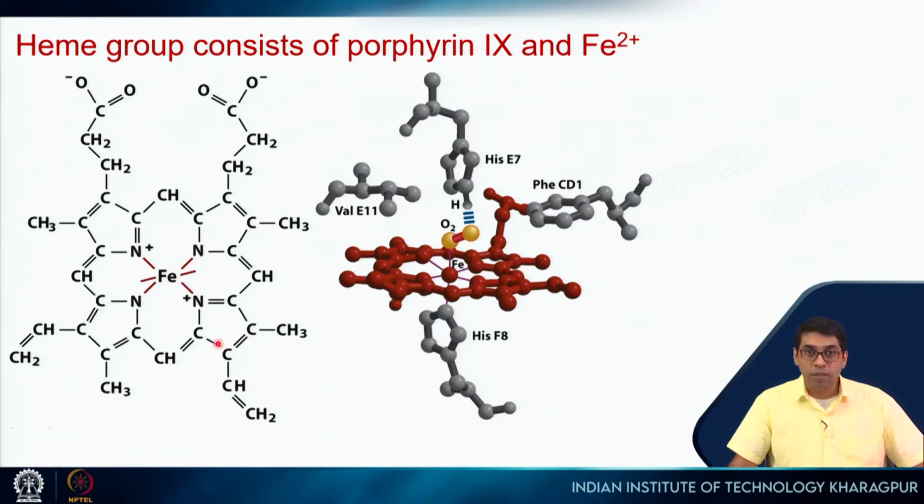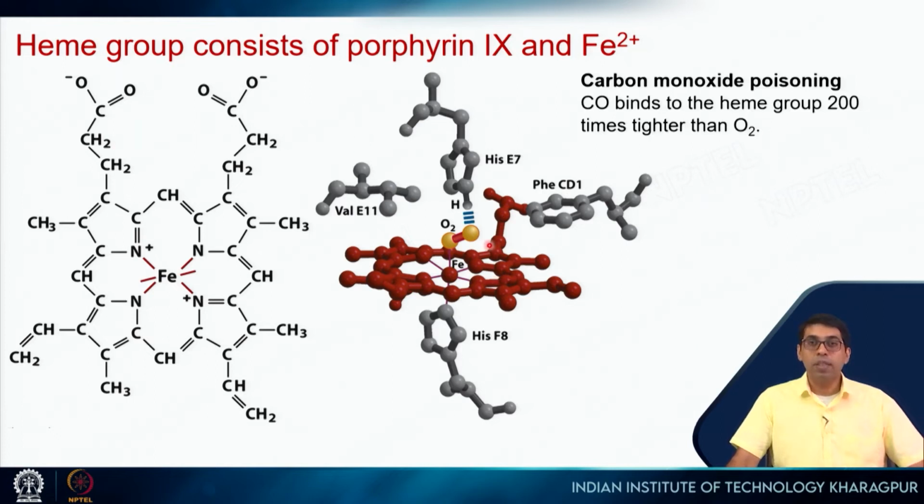Then at the bottom there is this proximal histidine. This histidine is on helix F. It also forms this coordination. So, this will be a nitrogen atom on the histidine, and the 6th coordination is formed by the bound oxygen, and there is also another histidine which is called the distal histidine, which is on the E helix of this protein. So, together this forms the binding site of the protein.